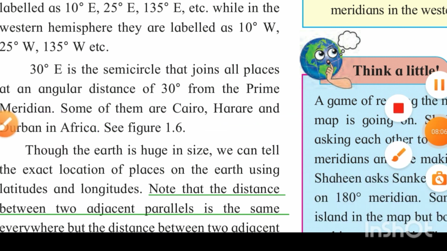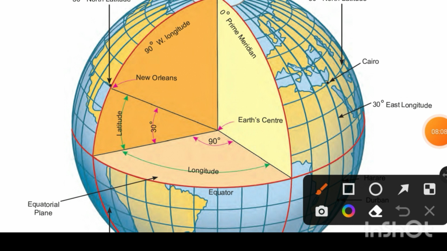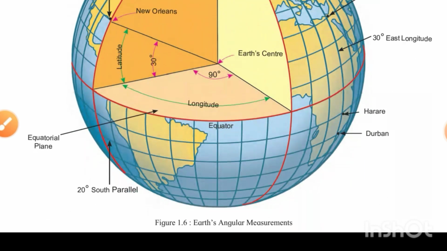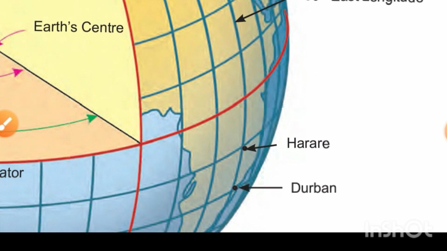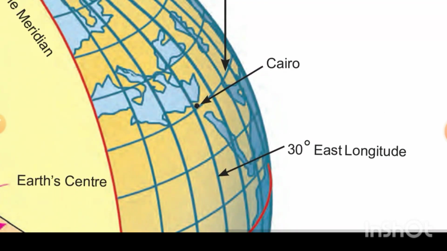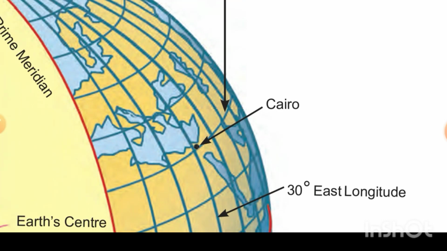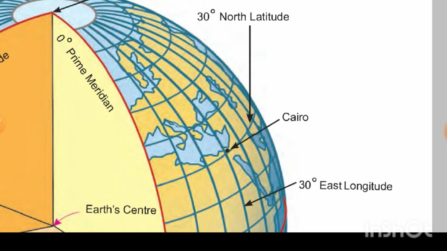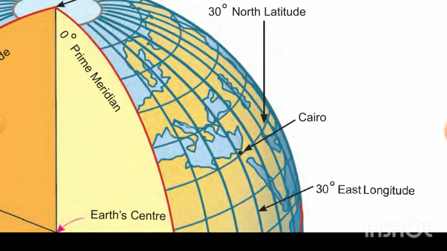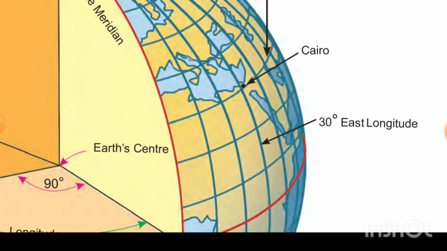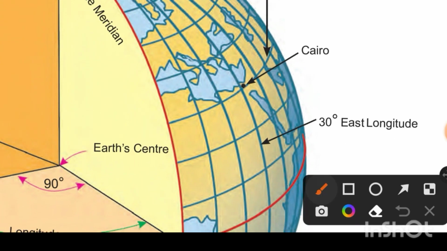Cairo, Durban, Harare. I hope you remember the names of the places. All these three places, which are in Africa, fall in the same longitude.